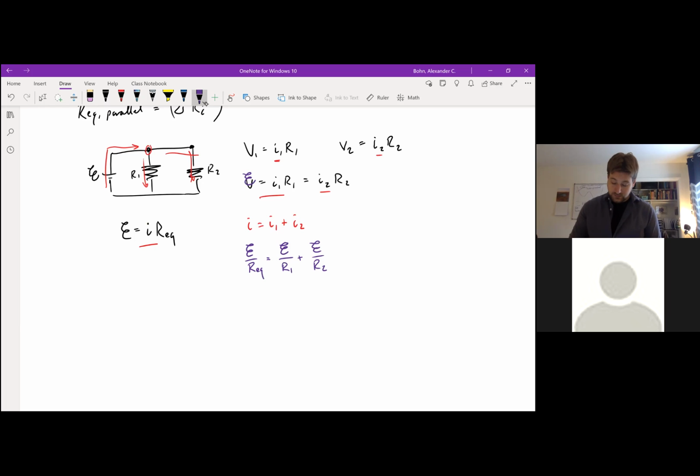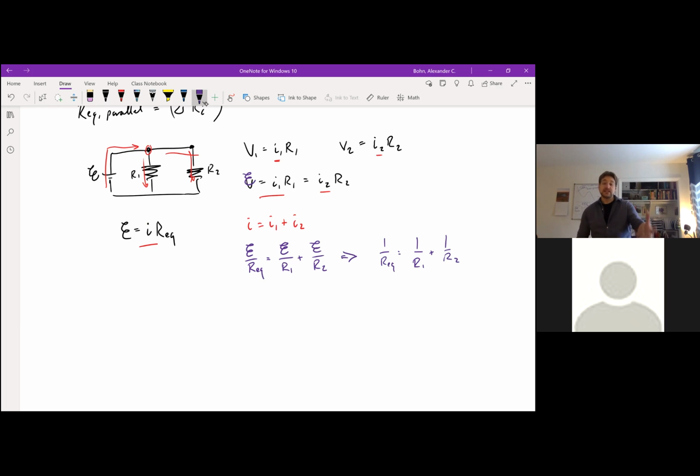Divide by the EMF, and the reciprocal of the equivalent is the sum of the reciprocals, which is exactly what we said. Okay, resistors in series and parallel. Fantastic.